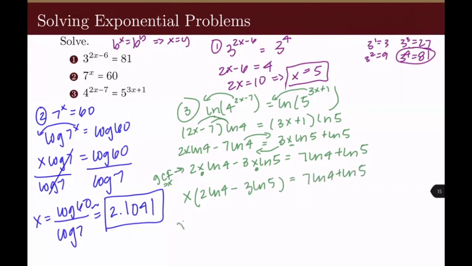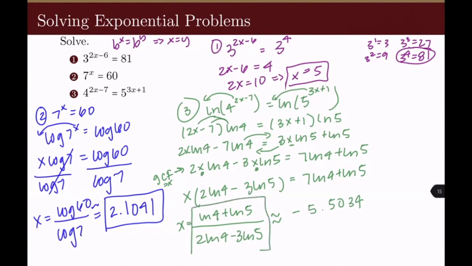So that means that x equals 7 ln 4 plus ln 5 divided by 2 ln 4 minus 3 ln 5, which when you put into your calculator, you'll get approximately negative 5.5034, but generally we prefer this form because it's more accurate.